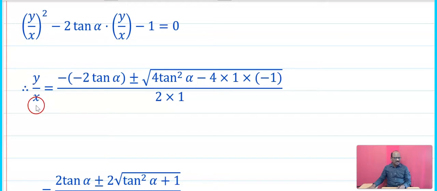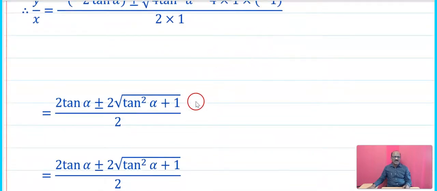Now y upon x is the root of this quadratic equation, which is first minus b. But what is b here? b is minus 2 tan alpha. Here it is minus 2 tan alpha, so minus b, the minus becomes plus, that is 2 tan alpha. Plus or minus root of b square, which means 2 tan alpha bracket square, that is 4 tan square alpha, minus 4ac, where a is 1 and c is minus 1.